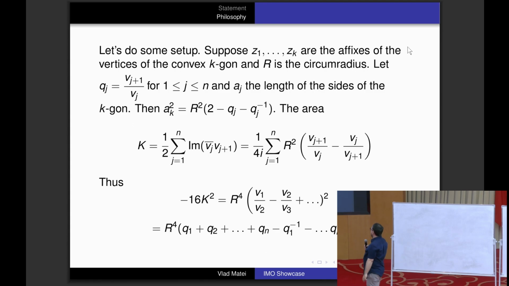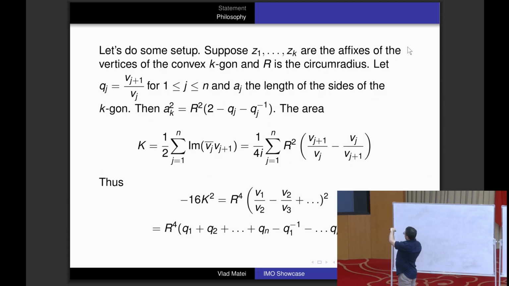I think there is another Russian name that I can't recall for it, but shoelace is the most convenient way to call it in the literature. That's one way to compute the area in terms of these complex numbers, and there you go: the area is also expressed in terms of these quantities qj.